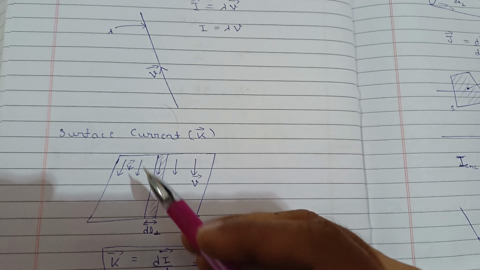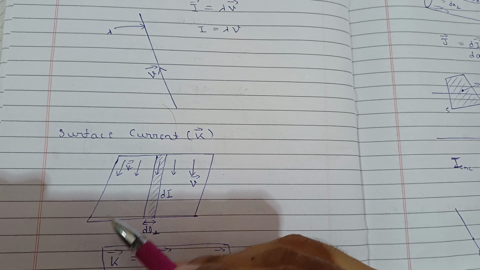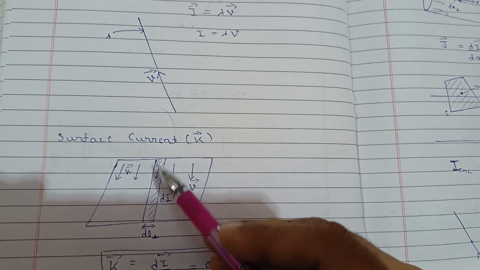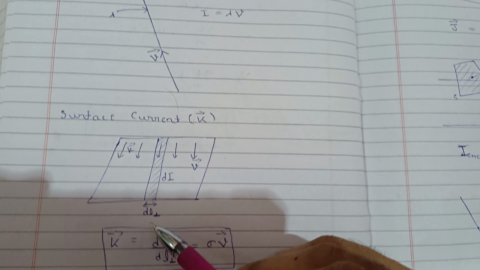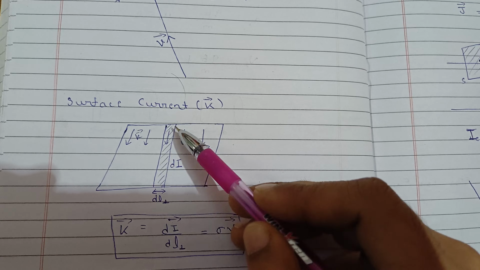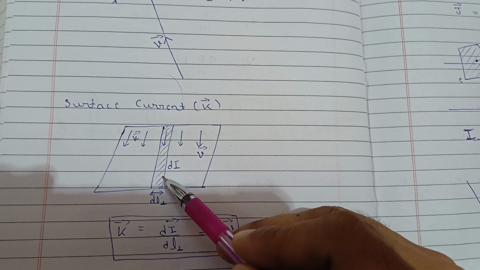Now see, this was the case of a single wire. Now the current can be on a surface area also. So this is the surface you have. Current is flowing in this direction. So there will be a di current in this particular small region which has the width dl, and this is perpendicular to the current. Now in this small length, the surface current is defined as this complete current per unit length.